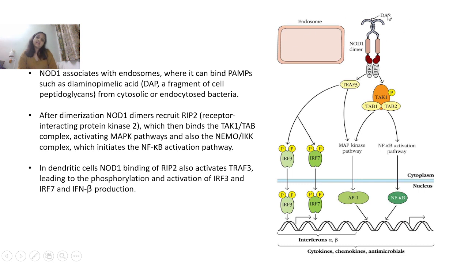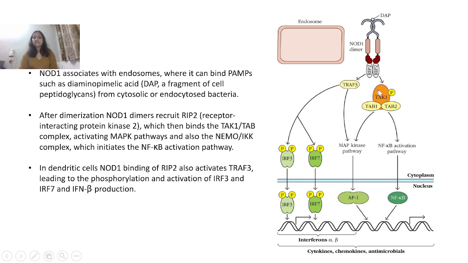So here it is binding to some DAP component of a bacterium. There is dimerization. There is recruitment of some molecules, RIP2, which then binds to the TAK1 complex, similar to the TAK1 complex we studied in TLR, which then activates the MAP kinase pathway or the NF-kappa B activation pathway.